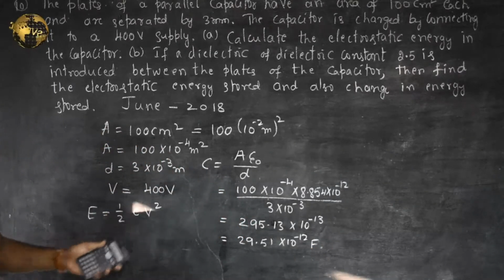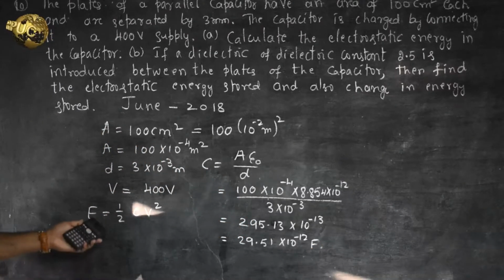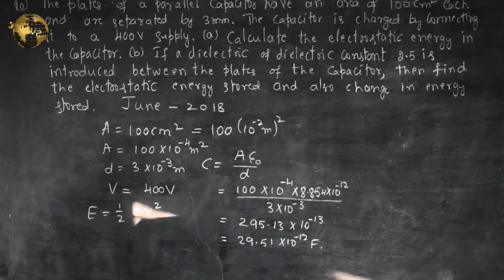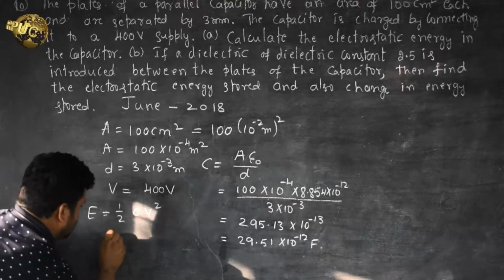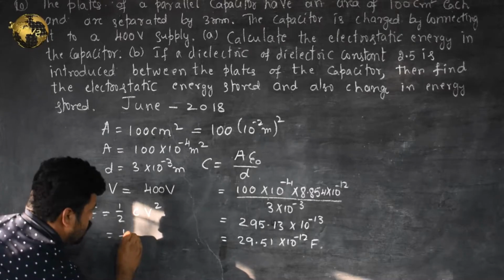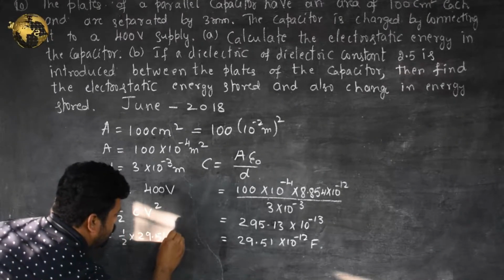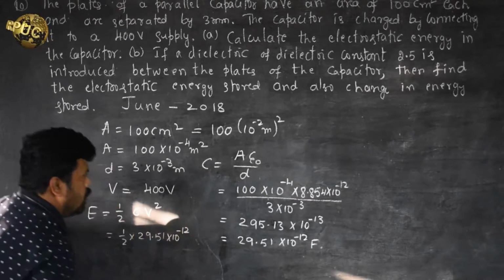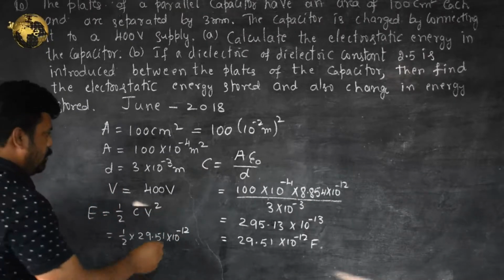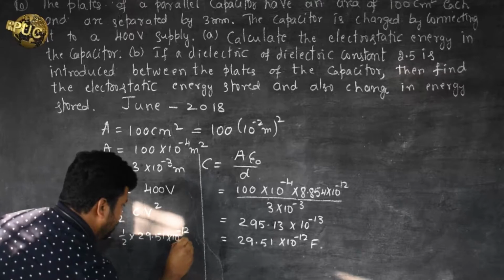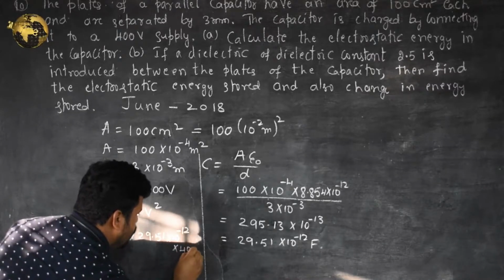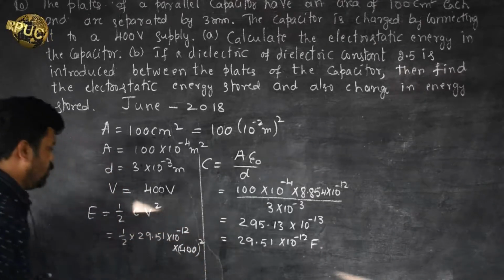So let's substitute this value here and find out the energy stored in the capacitor. That is half into 29.51 into 10 to the power minus 12 multiplied by 400 square.